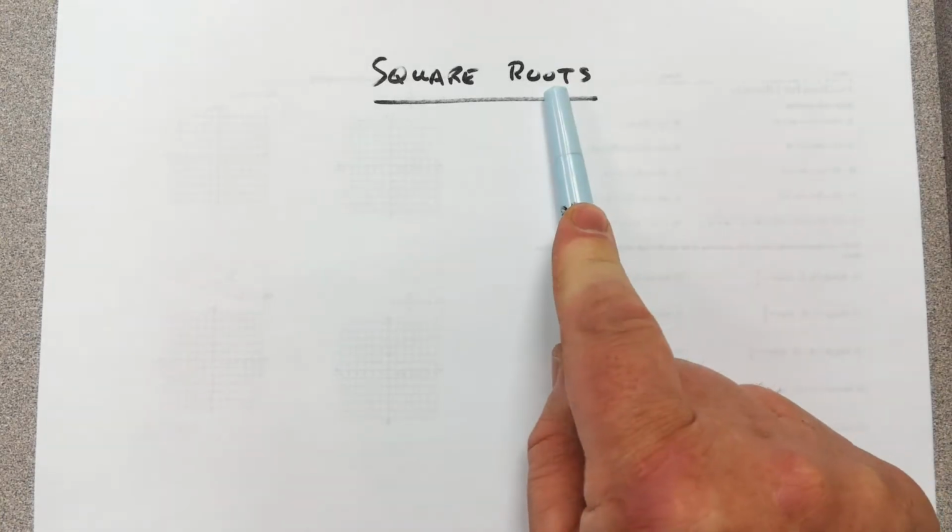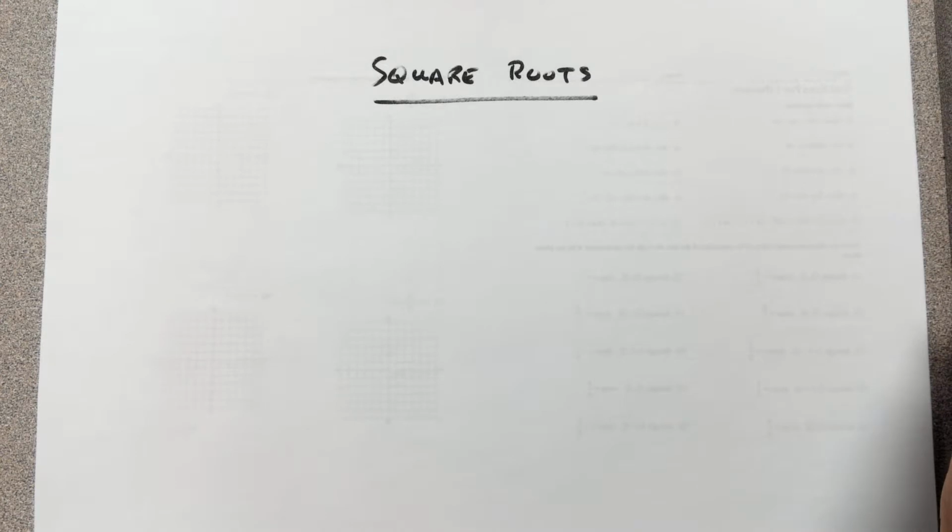Square roots. Jackie, what's a root? Like this word here, root. What's a root? You ever pull a hair out and it hurts? You see that little thing at the bottom? Yeah, that's your root. That's where it grows. That's where it starts.